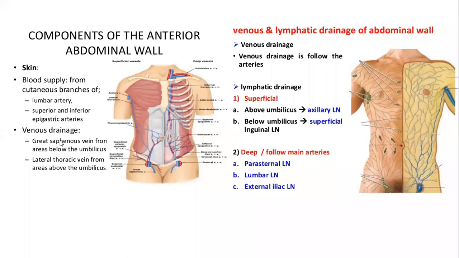And also, as a general rule, the venous drainage follows the major arteries, accompanying arteries. And around the umbilicus we have various superficial veins, which are called the para-umbilical veins.